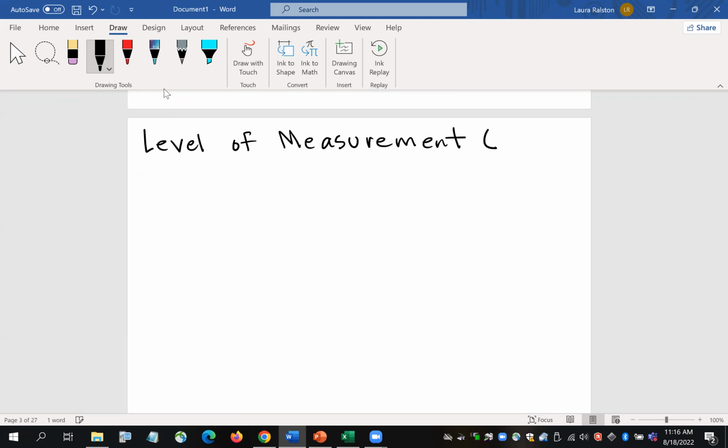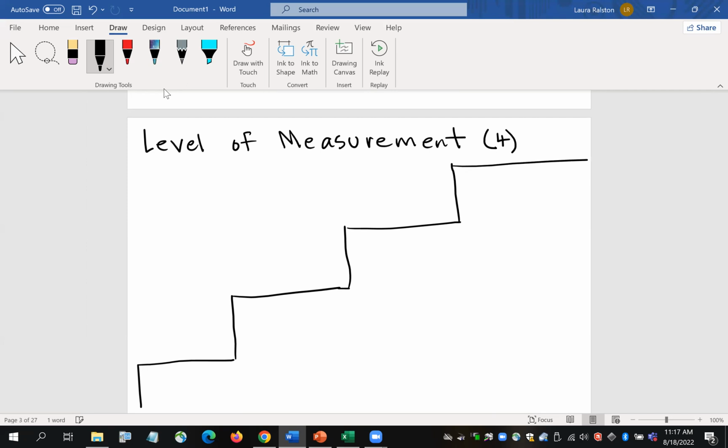There are four levels, and I usually picture these as a staircase, because as you move up the staircase, you don't lose the characteristics from the step before, but there's also more you can do with the data. The higher the level of measurement, the more you can do. So there's very little analysis you can do on the first step, but if you're on the top step, there's lots.